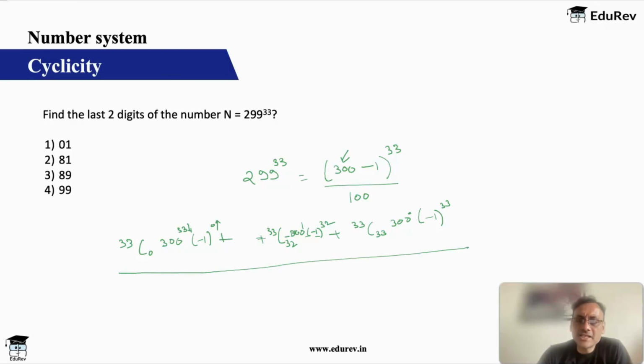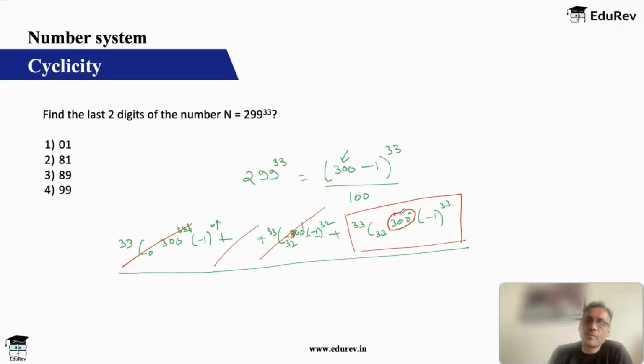Now if you see, as long as the expansion has 100 or multiple of 100, that will get fully divided by 100. So you can see that till here, this term has 100, till here you have 300 to the power 1. So this all will get fully divided by 100. What will not get divided is only the last part, because here it is 300 to the power 0.